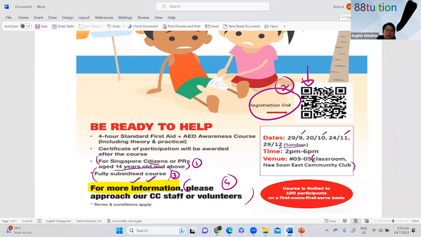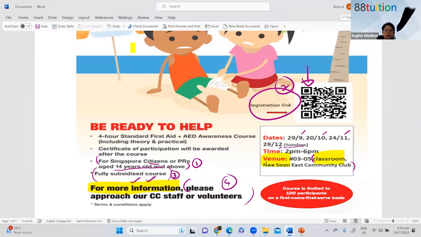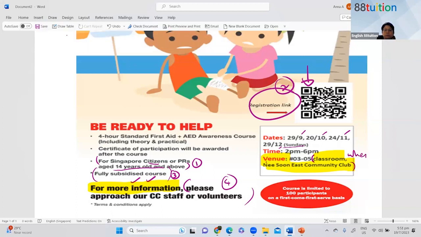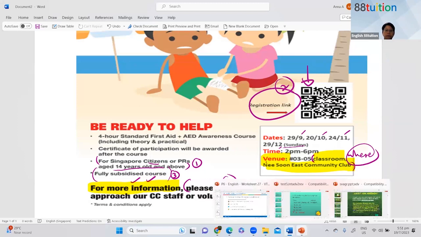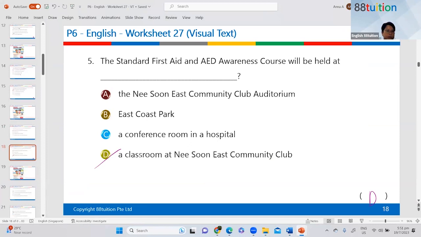Because they're talking about venue, right? The venue, correct? So that's your venue. Where is there? It's very straightforward. Okay. We go back here. D is your answer. D. A classroom at Nee Soon East Community Club.